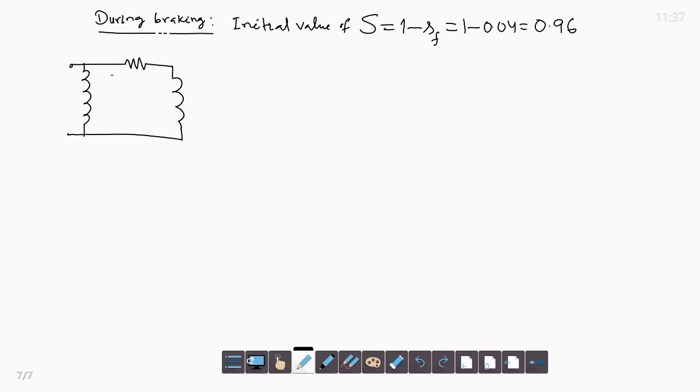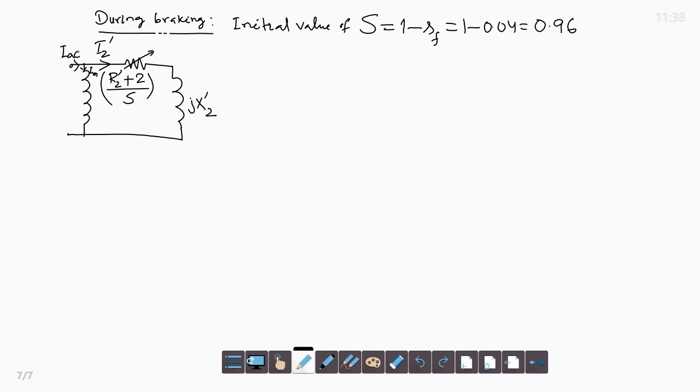So, this resistance is R2 dash plus external resistance referred to stator per phase, which is 2. So, R2 dash plus 2 by capital S, this is a variable resistance, and this reactance is jX2 dash, magnetizing reactance jXm. So, this current is I2 dash, and this current is magnetizing current, and this is the input current ISC.